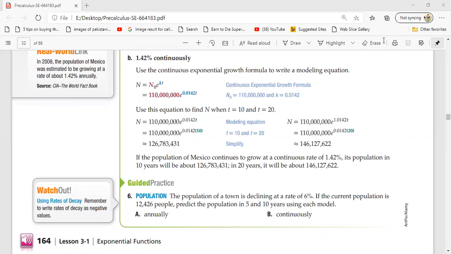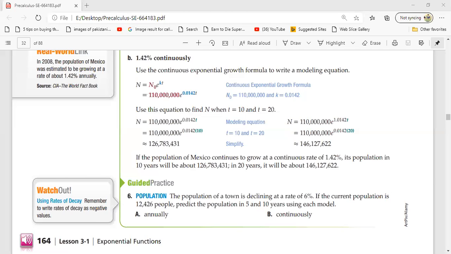Whenever population is declining, it means it is decreasing. When it is decreasing, let us take the negative value, r equal to minus 0.06.